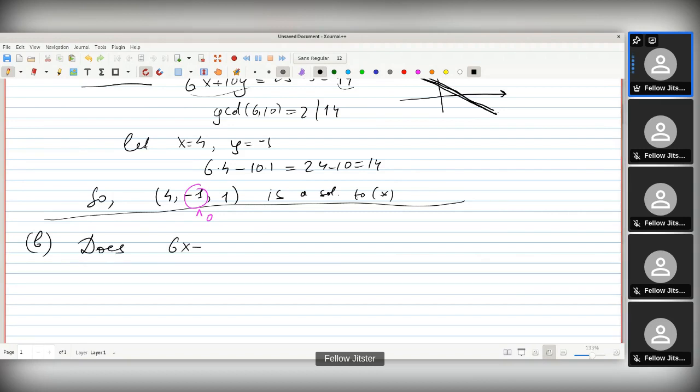Does our equation, the same one, have a solution in naturals, that is where x, y, and z are all greater or equal than 0? What do you think?